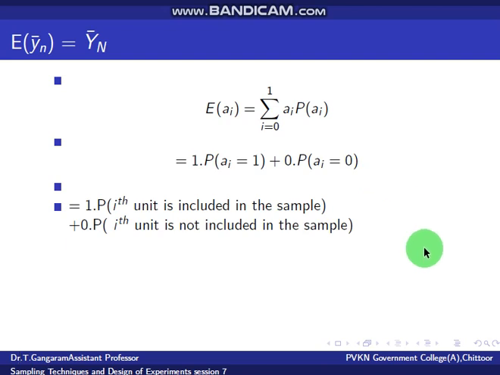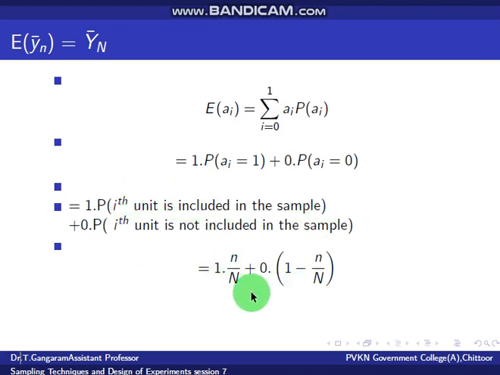Here, ai is equal to 1 means the ith unit is included in the sample, and ai is equal to 0 means the ith unit is not included in the sample. Look carefully: what is the probability of the ith unit being included in the sample?